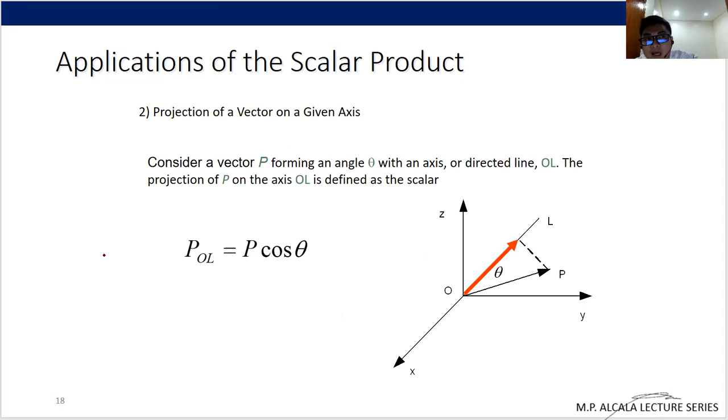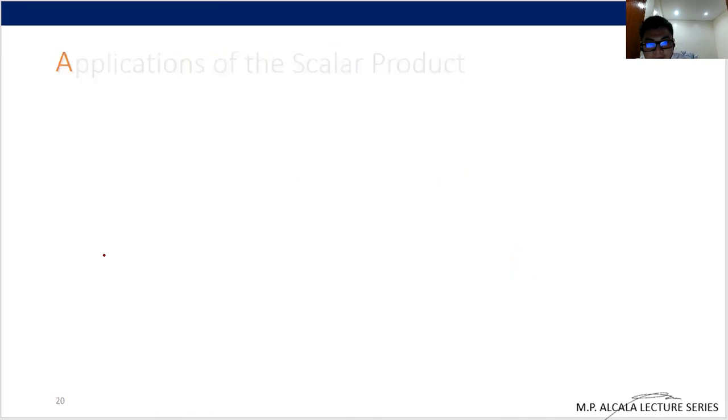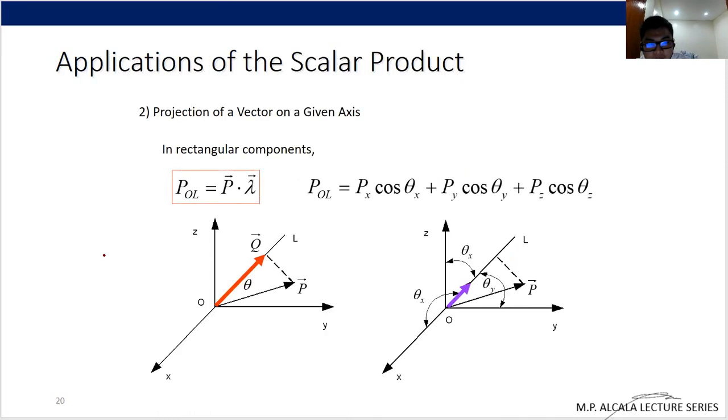Okay, and then at the same time, in decomposing moment systems, force systems. So, projection. Okay, so you can easily project the component of the force on that direction, on a given axis. Okay.